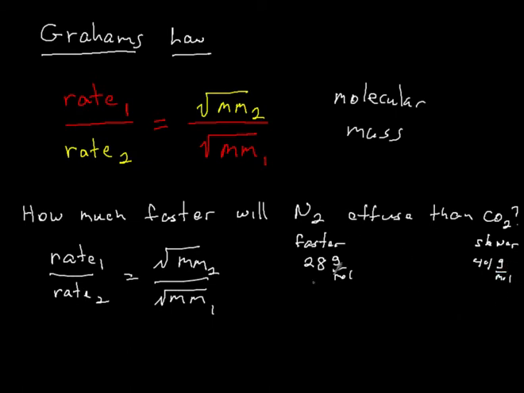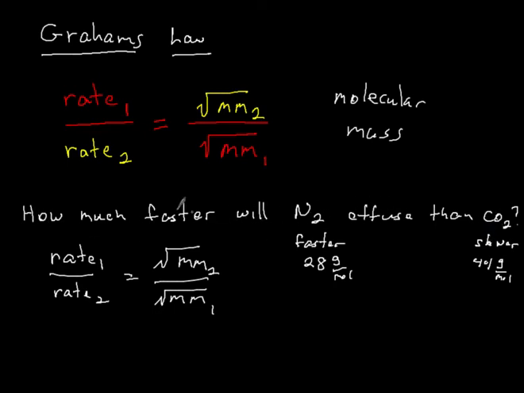So here's what I recommend you do. You take your lighter particle and you make that the rate 1. You make that the rate 1. Because what you're going to end up doing here is really looking at a proportion, and we don't have a rate.